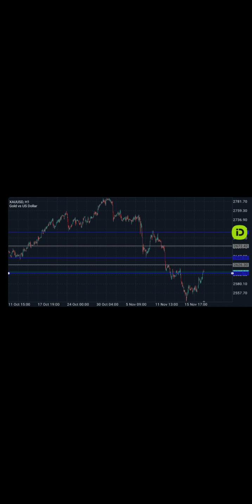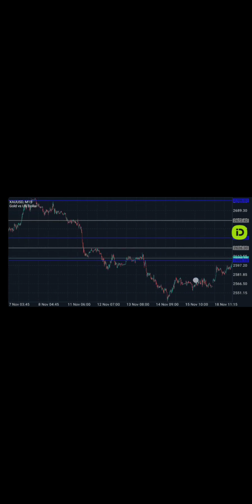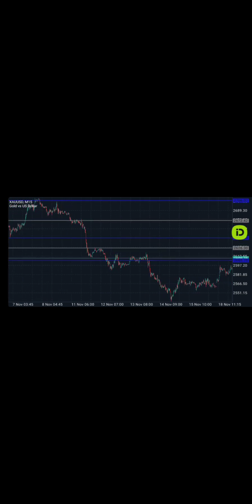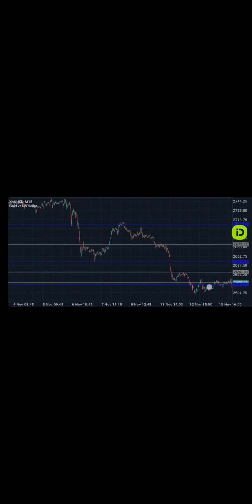So I'm going to go on to my lower time frame so that we can try to identify these key points on a lower time frame, right? If you check here, we're on the 15-minute time frame, meaning that each candle is representing 15 minutes.